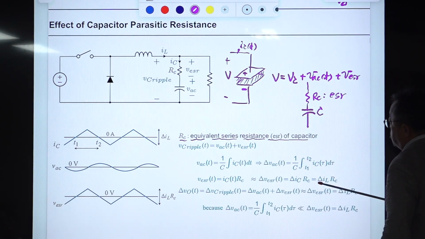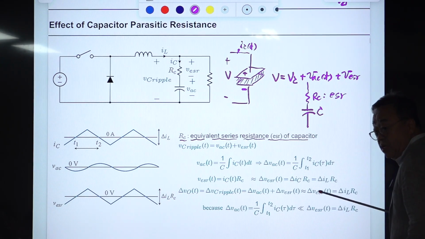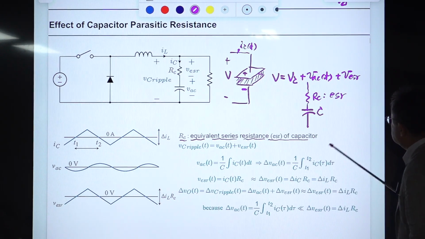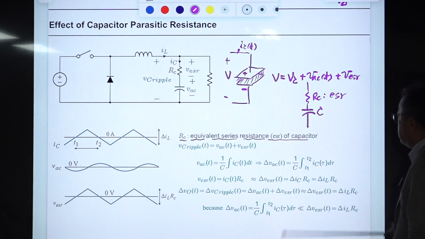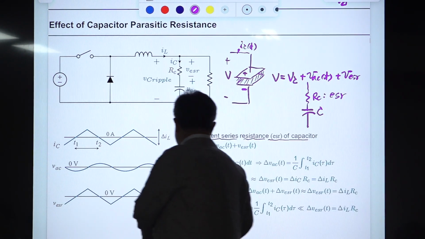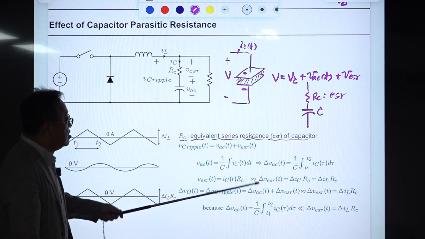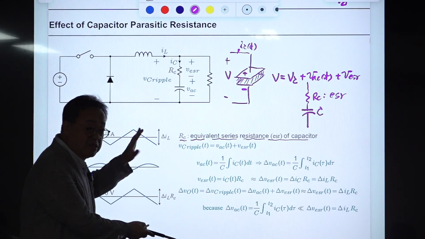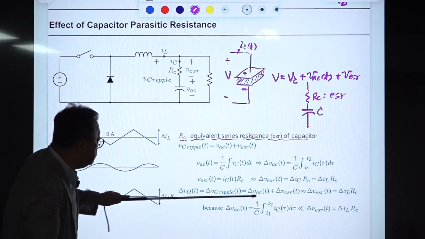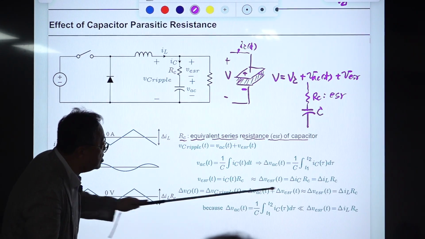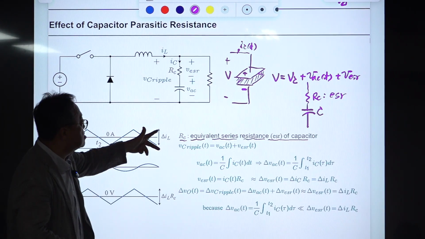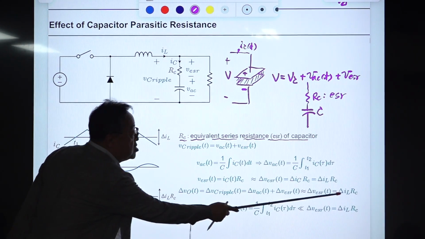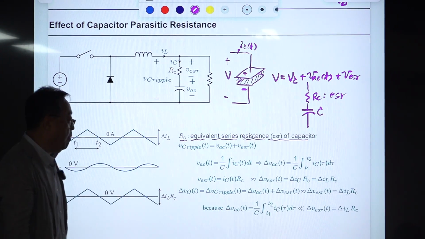Usually this one is much larger than this, 10 times more than that. So we ignore this, and this will dominate the output ripple. So if you have ESR, the analysis we have done previously is gone. It disappears, and usually this ripple component is simply the variation of inductor current times the ESR of our capacitor.